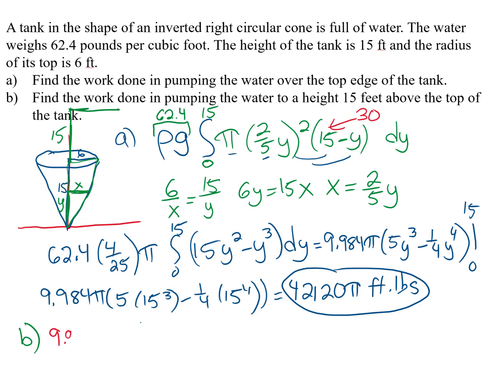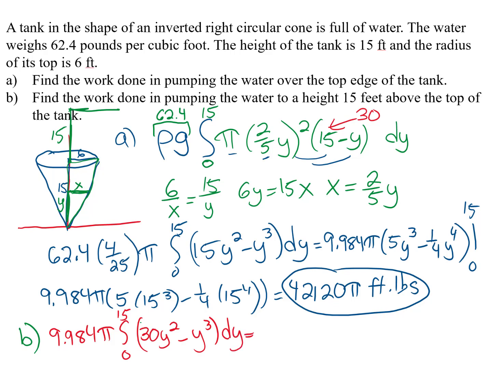It's going to have the 9.984 pi still out in front, and the integral is still going to be 0 to 15, because the slices of water, summing them all up in the tank, run from 0 to 15. And then the integral itself, with the y squared distributed, would make it 30y squared, and then minus y to the third, dy.